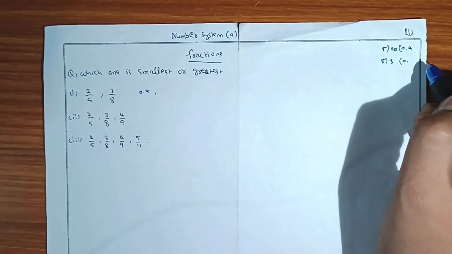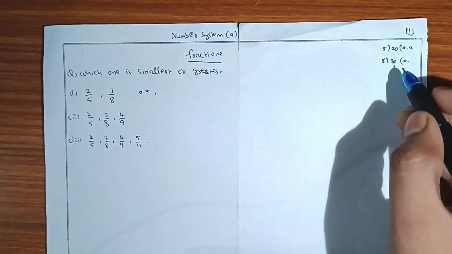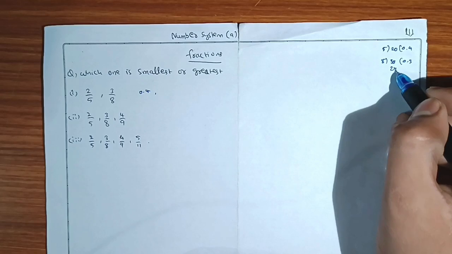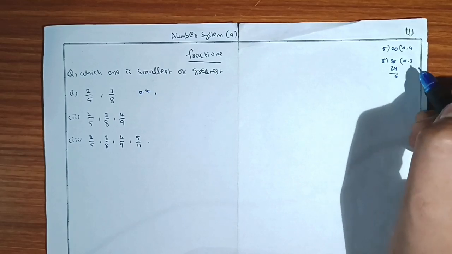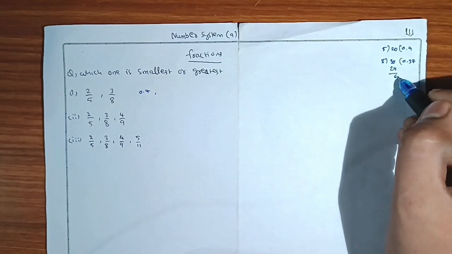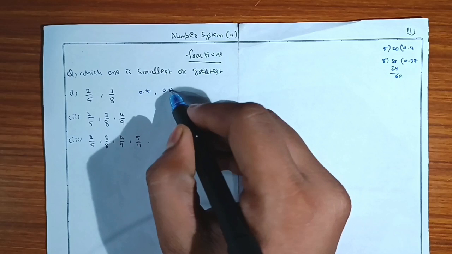If we keep a 0, then here we can add the 0. So 30 means 8 threes are 24, remaining is 6. 6 means at the 7, which is 56 I think. So it is something like 0.37, let it be.